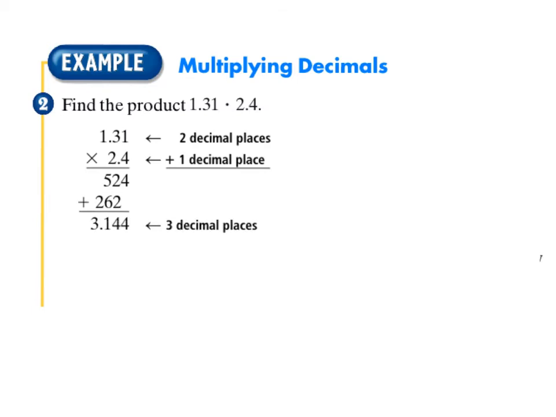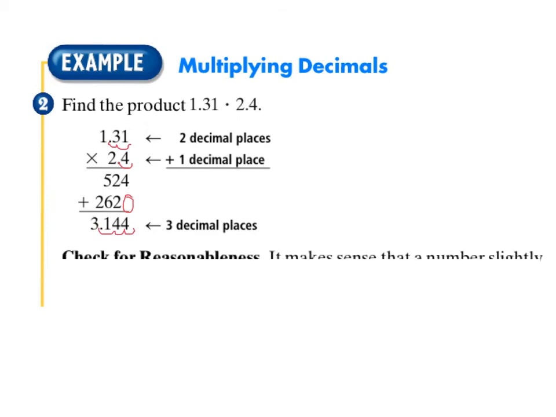So you do your multiplication. We would normally, the way we do math, add the 0 there. Then just do your multiplication like you would any 2 and 3 digit numbers. Then count up your decimal places, 1, 2, 3, and count over in your answer, 1, 2, 3, and that's where your decimal would need to go in your answer.